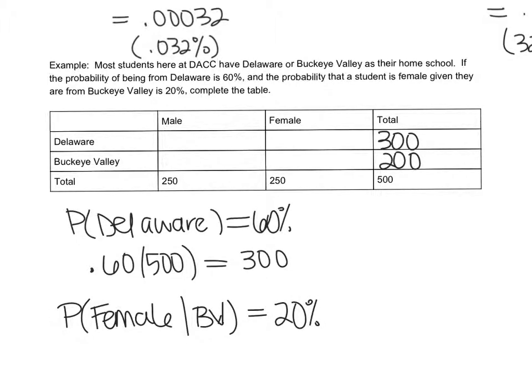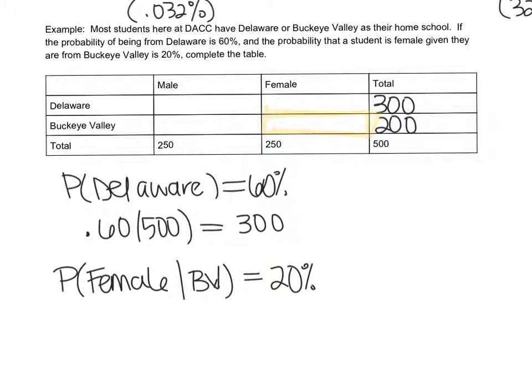So when we go in our table, we have students from Buckeye Valley and we know the probability they're female. So that is going to be this box in our table. That is 20% of our Buckeye Valley students. So we know that 0.20 of 200 gives us 40. So we know that we have to have 40 female students from Buckeye Valley.